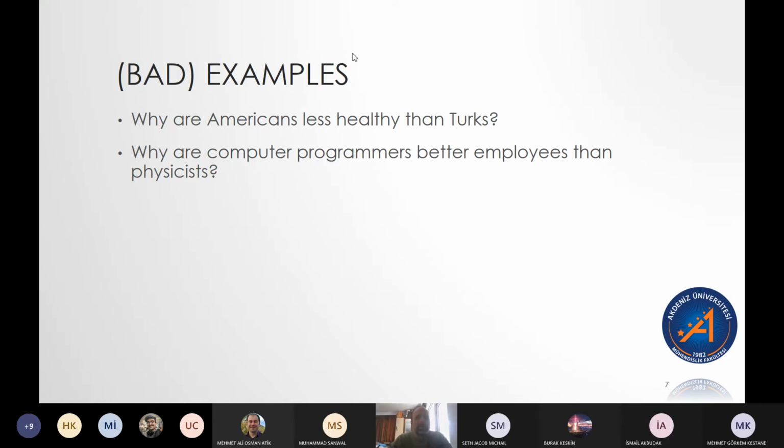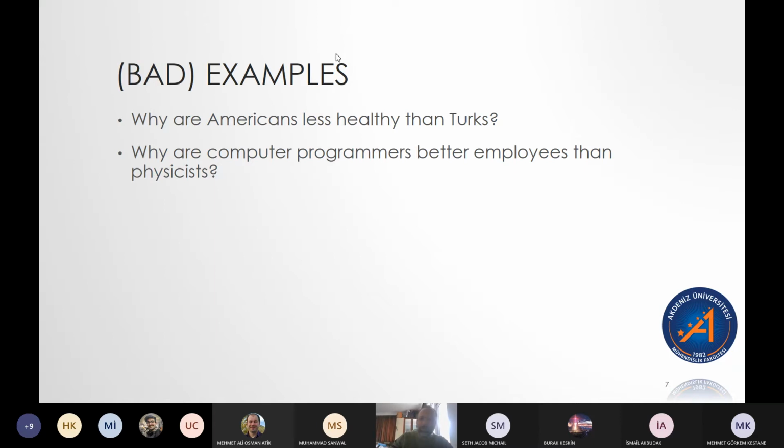And if we have some documented support that Americans have on average higher BMI than Turks do, now we can ask the question: why is that the case? Why is there a higher BMI for Americans than Turks? Now we're getting more specific, right? And something that's testable too. Something we can look into and actually do more objective research to figure that out.